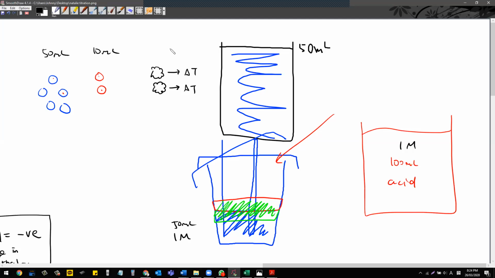So let's say you started with 18 degrees Celsius. After this one, you could get maybe 19 degrees Celsius, so the change in temperature is about 1. And then you add this one, they neutralize, and the temperature change will be 1 as well, because you get the same amount of heat.